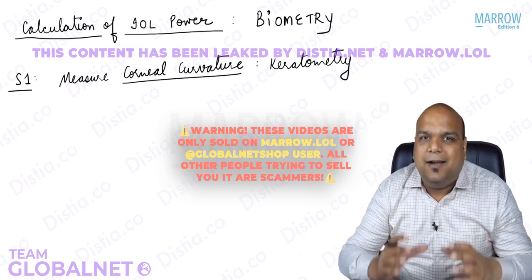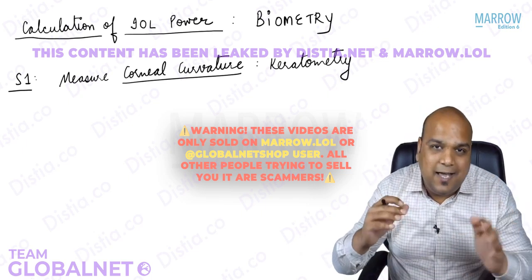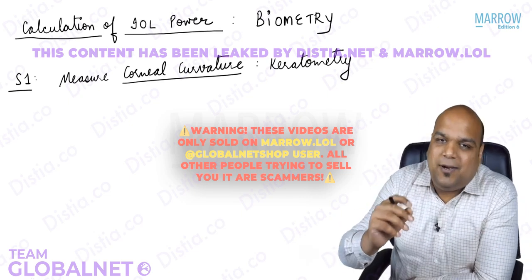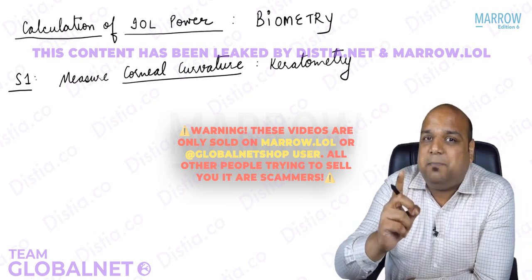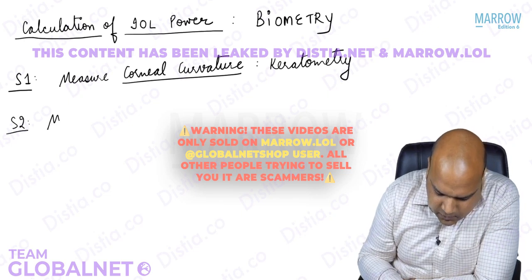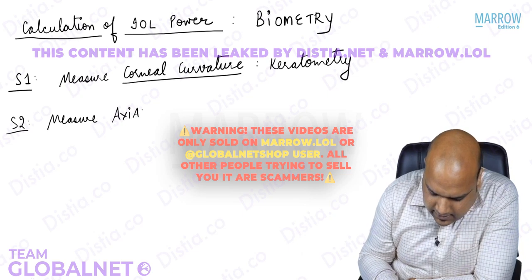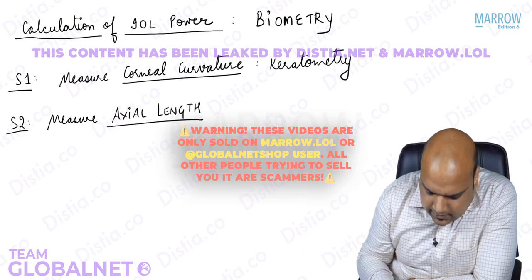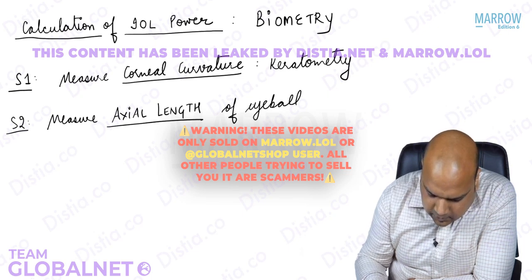The ultimate net result should be zero power. That is why we calculate the corneal curvature. Curvature means power. Step 2: we measure the axial length of the eyeball.